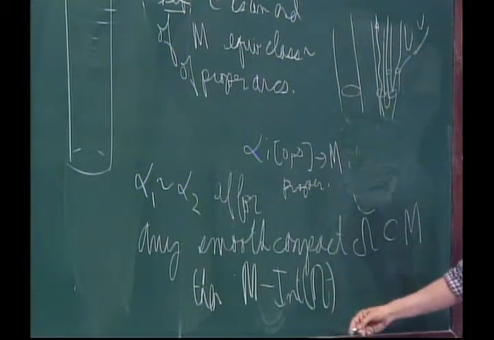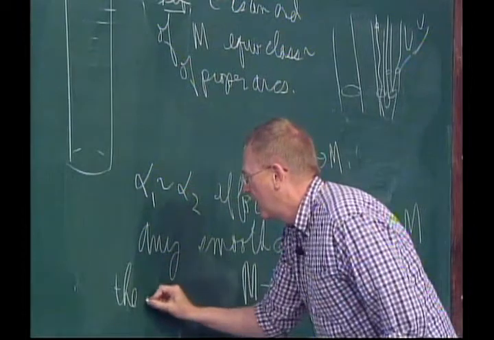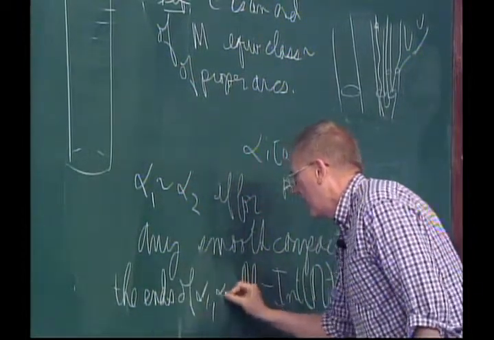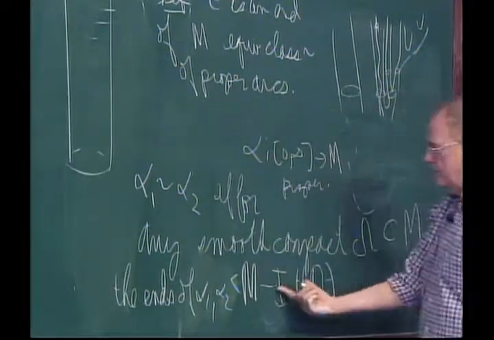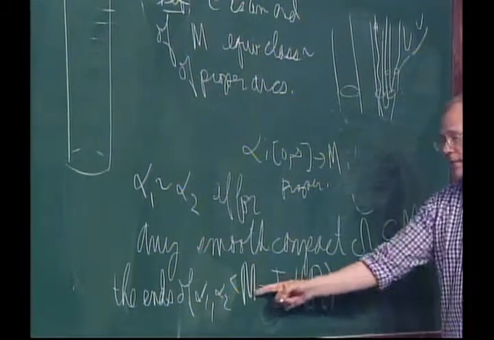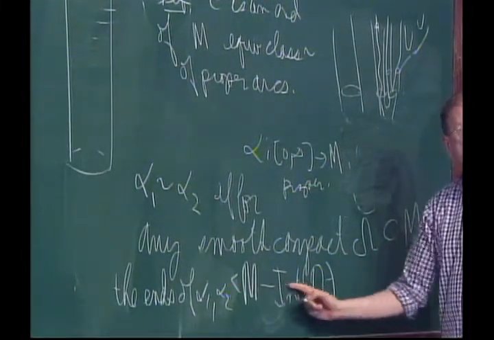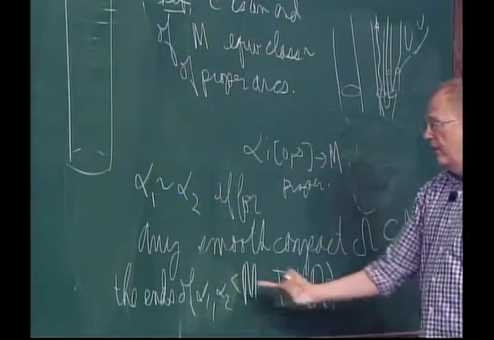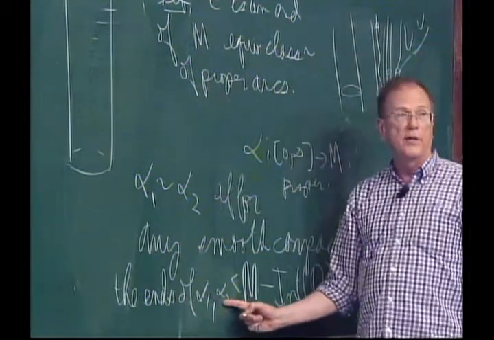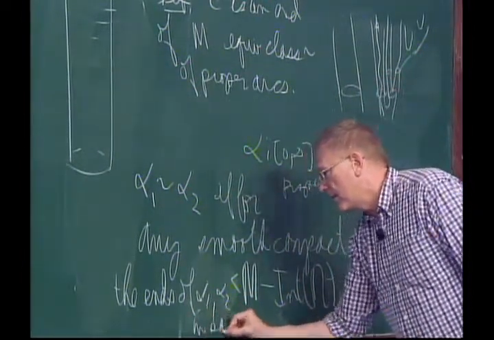Then, the non-compact parts of alpha 1 and alpha 2 lie in only one of these components. There are some number of components here. Since this goes to infinity, it can only be in one of those components. This can only be in one of those components. And I want these to be in the same component.